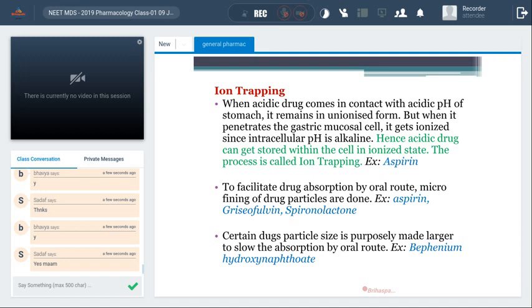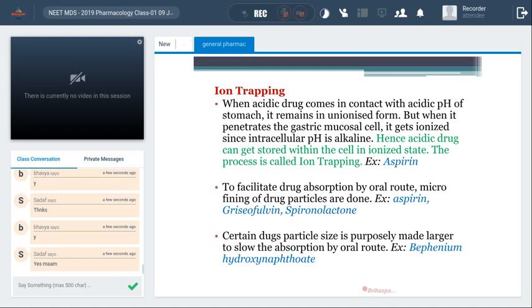And some drugs like aspirin, which is an acidic drug, get absorbed from the stomach itself. That I already told you, NSAIDs, without even reaching the intestine. So for absorption, what happens? It enters a gastric mucosal cell. So this acidic drug aspirin remained in the acidic gastric medium. It was unionized. But when it enters into the gastric parietal cell, there the pH is alkaline. Within the gastric parietal cell, the pH is alkaline. Here, this acidic drug will become ionized and it gets stored.